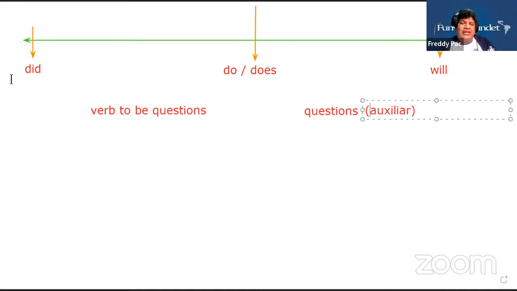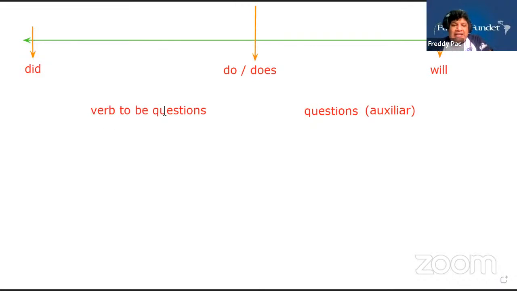If we want to create a question in past, we use did. If we want to create a question in simple present, we use do or does. And if we would like to create a question in the future, we use will. That is the important thing for this last side.